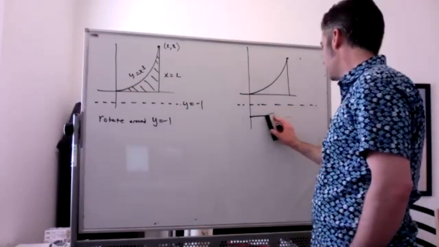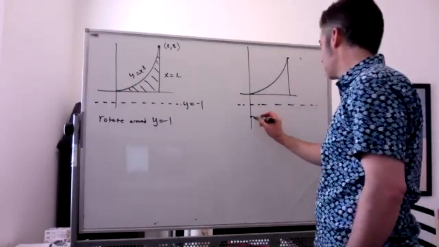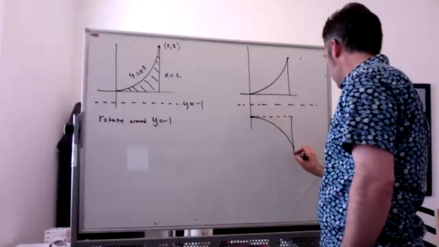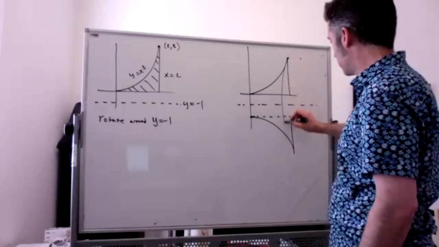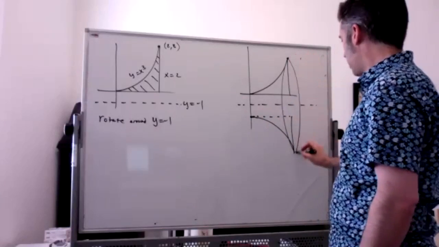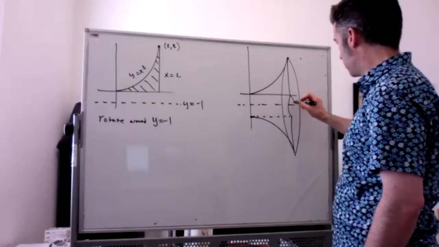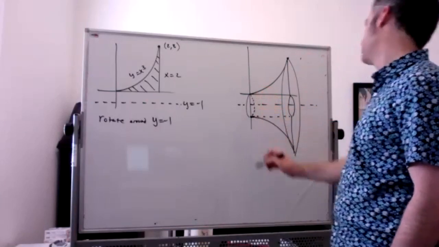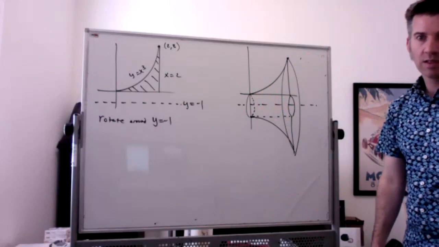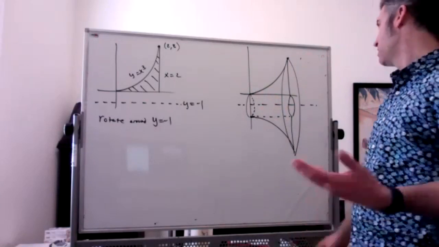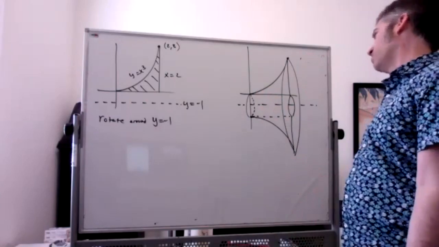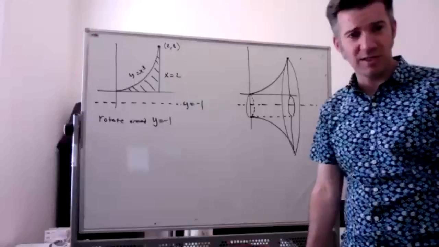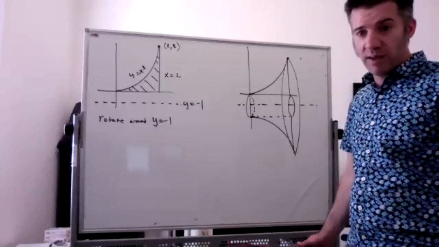So it's going to look like that. It's going to be, I don't know how to call it, right? I don't have a good interpretation of what this looks like, but we can find the volume of it certainly.